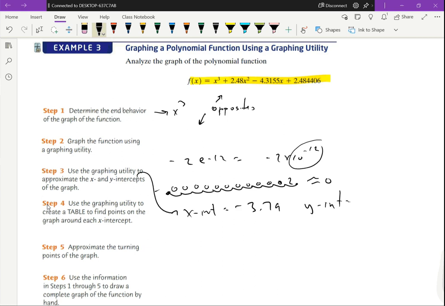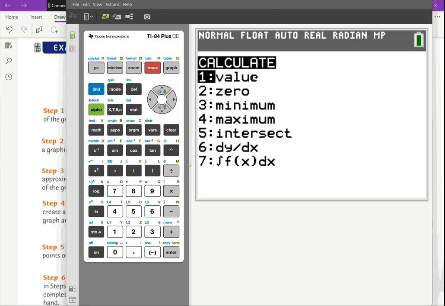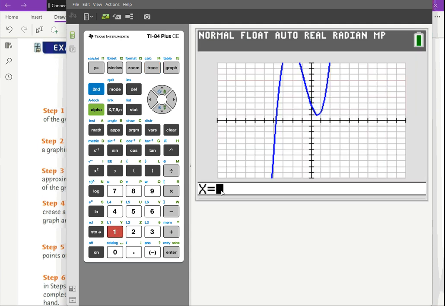Now let's take a look at the y-intercept. So we take a look at the graphing calculator up over here, and somewhere in here, we need to figure out what the y-intercept is. On these, I can go ahead and take a look at value. Number 1. Like I said, what is my x value supposed to be?